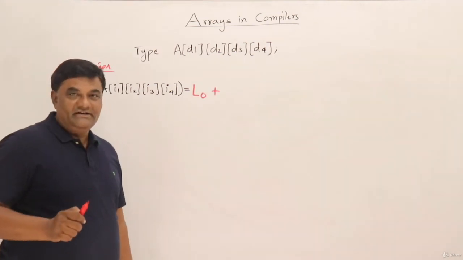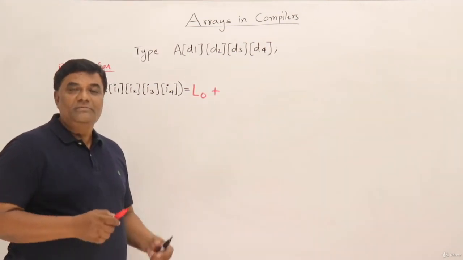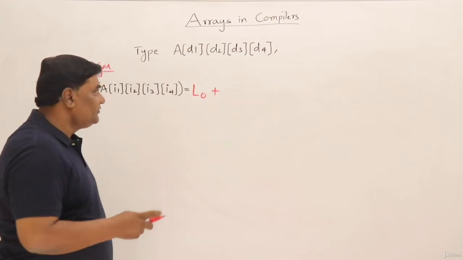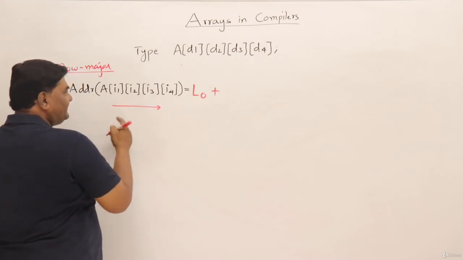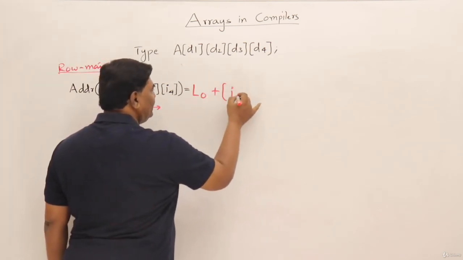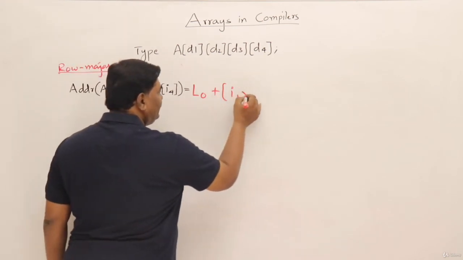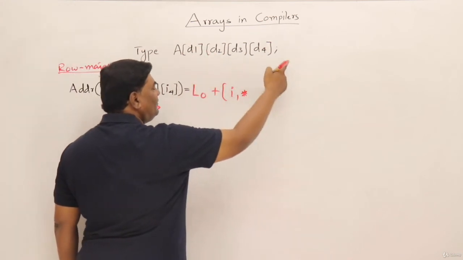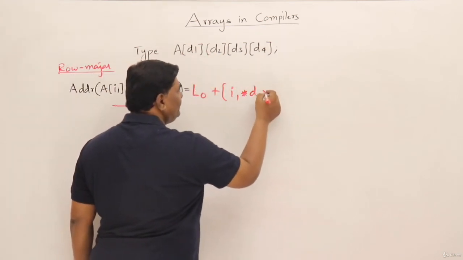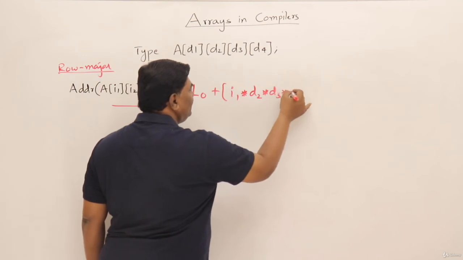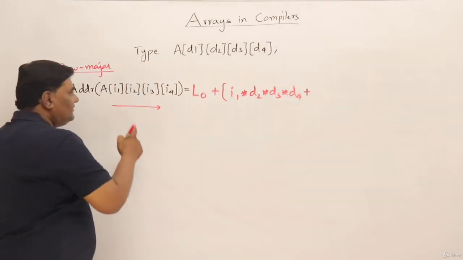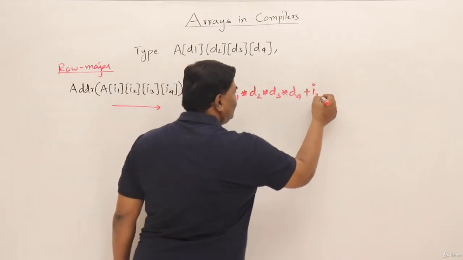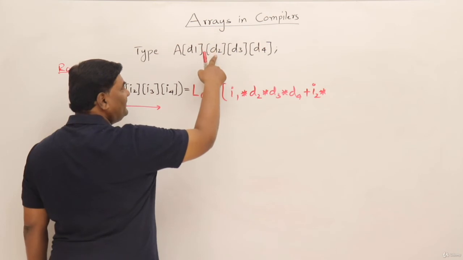In 2-dimensional arrays, I already explained that row major is done from left to right and column major is from right to left. So we will go from left to right. First is I1, the first index, multiplied by, leaving the first dimension, all the rest of the dimensions. So this is D2 into D3 into D4. Now the second index, I2, is multiplied by all the dimensions after dimension 2.